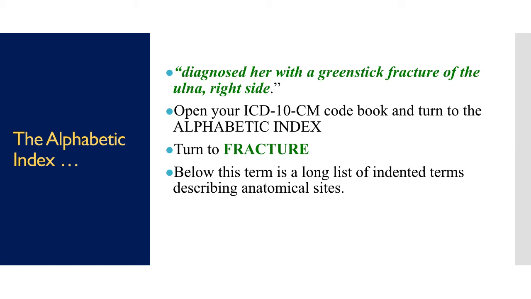So you look and find the word fracture, and below this you're going to find a long list of terms. When you look at those terms, you're going to notice that they're, for the most part, anatomical sites that you learned about in anatomy and physiology class. So go down and look for our anatomical site.